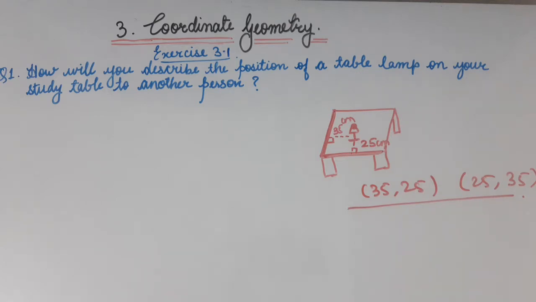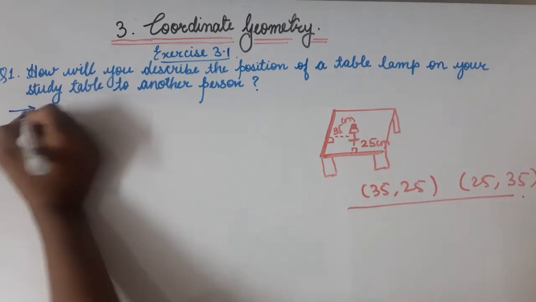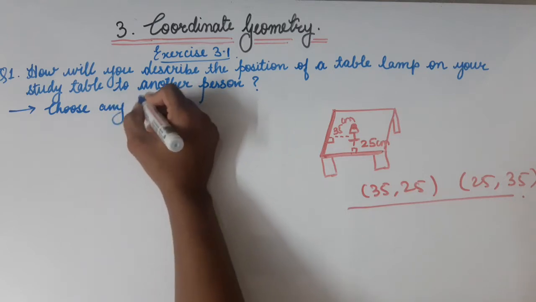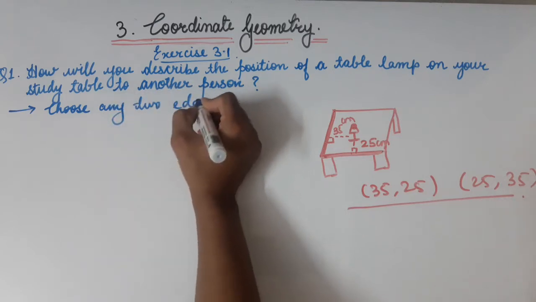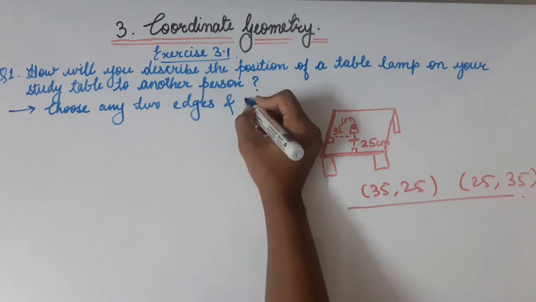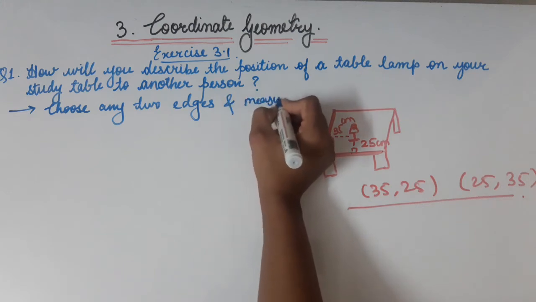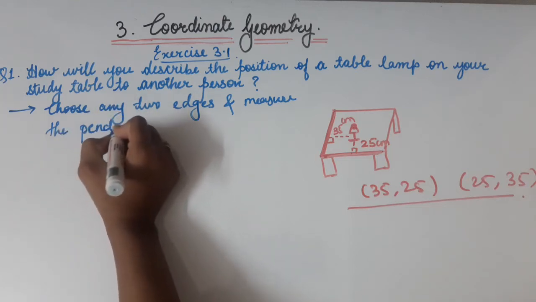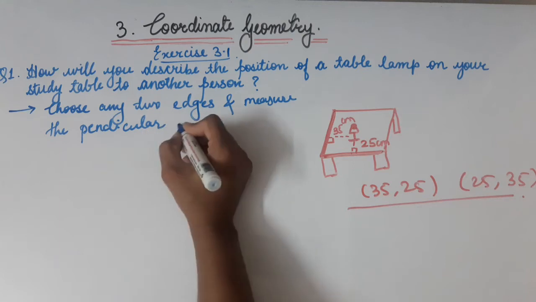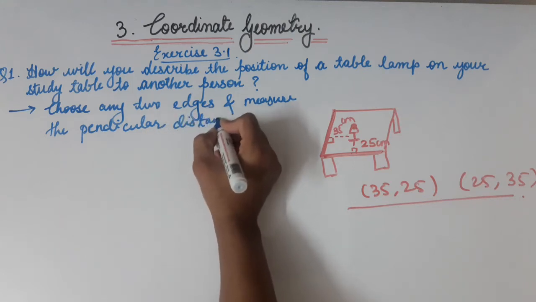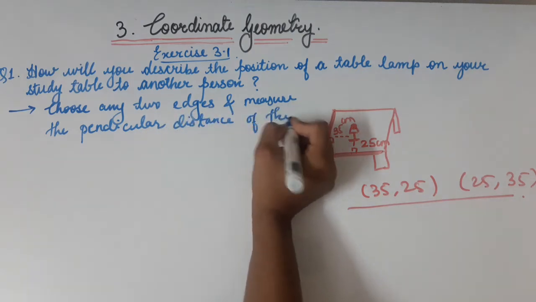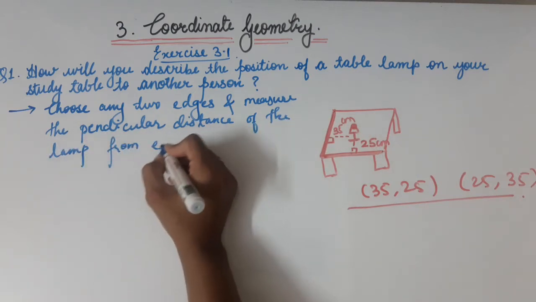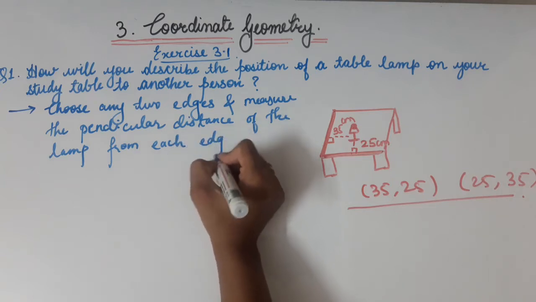So you will write it as: choose any two edges and measure the perpendicular distance of the lamp from each edge.